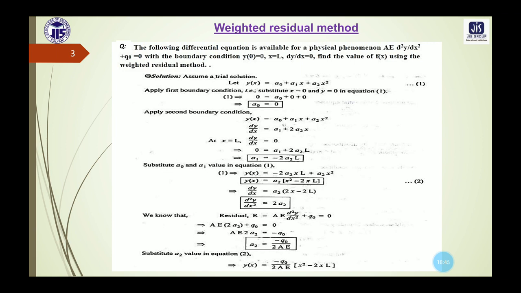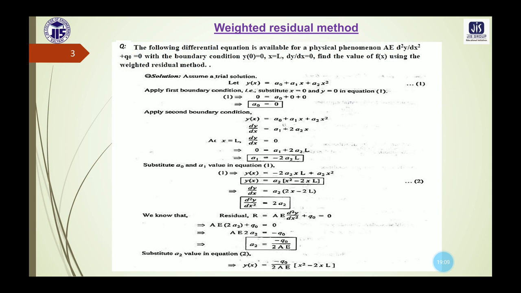Okay, so what we have done here: we have taken into consideration one polynomial function, which is a0 plus a1x plus a2x square. After that, we have entered the two different boundary conditions which are given here.